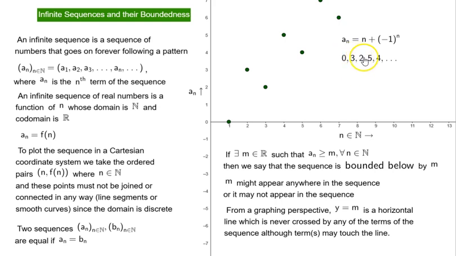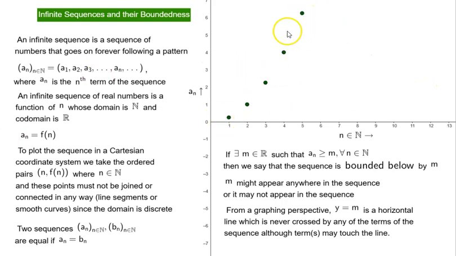So here you notice it is oscillating. 0, it goes to 3, then comes down, then goes up, then comes down, and so on. Now here it is bounded below by 0, and 0 is actually there in the sequence. And it is unbounded above.